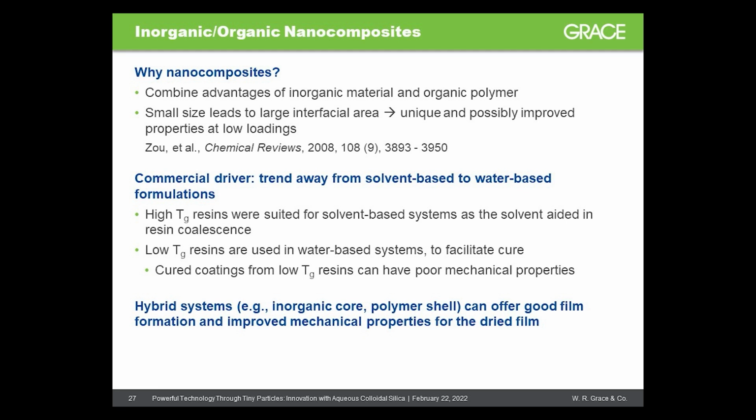Typically, in water-based systems, resins of lower glass transition temperature, which are generally softer, are used to facilitate cure. But these coatings can sometimes have poor mechanical properties such as scratch resistance. Hybrid nanocomposite systems, if designed correctly, can offer good resin cure and film formation along with improved mechanical properties for the films.